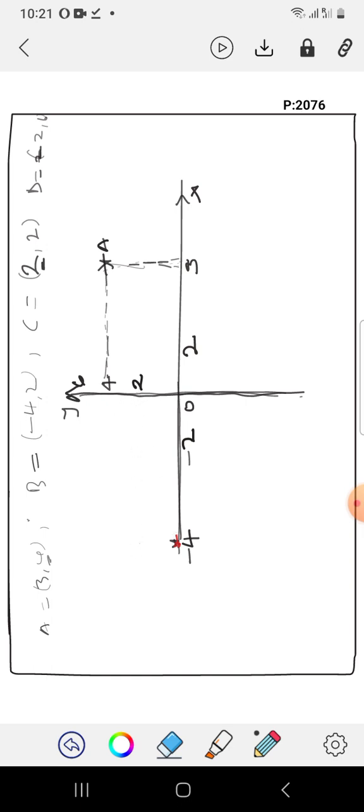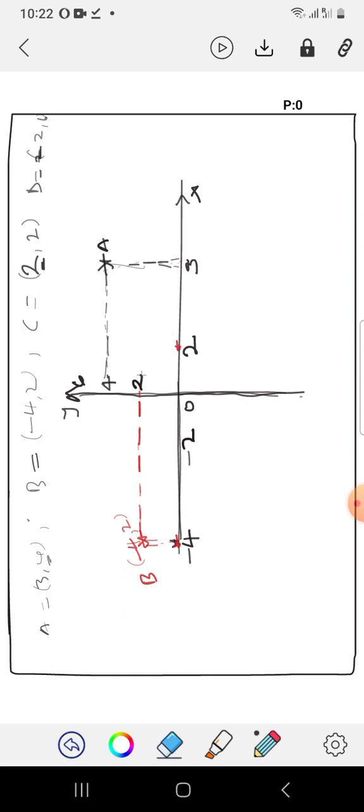Good. So minus 4, so plus 2 comes here. So here that's minus 4 comma 2, and that's point B. Okay, let me make it as clear as possible. Now the third one is C, which is 2 comma 2.